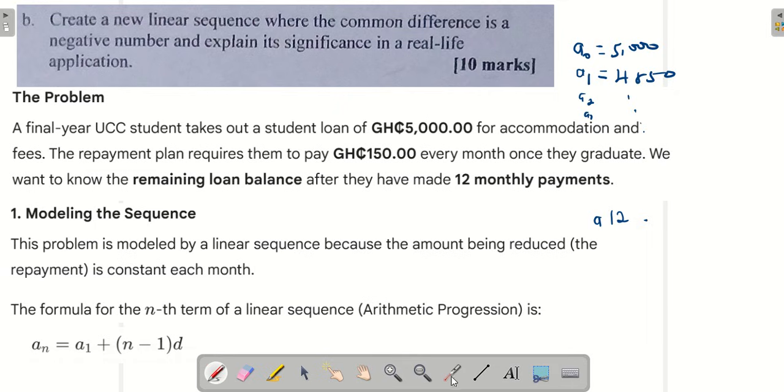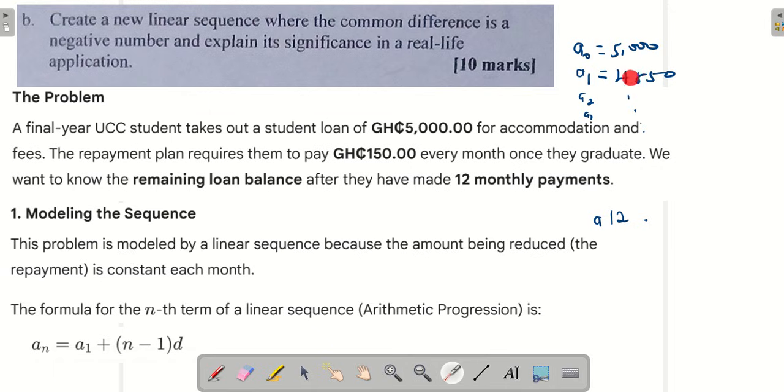Let me explain something for clarity. Now, remember that this is the principal. The initial amount was 5,000. So we can say that at the end of the first year, we will get this. You started with this, then you came to this.